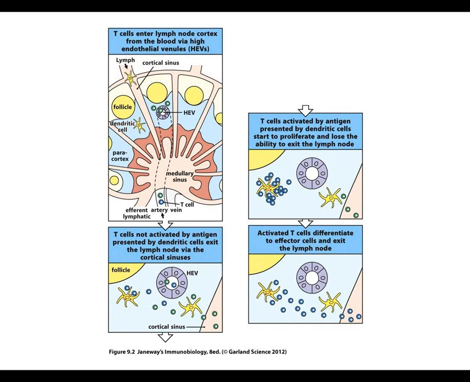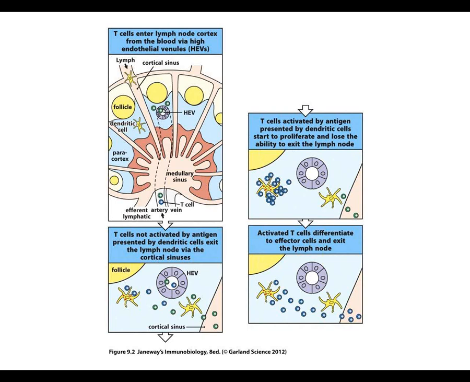Okay, so when a T cell leaves the thymus, where we stopped last week, the T cell gets back into circulation. And where it needs to get are the lymph nodes or the peripheral lymph tissue or the secondary lymphoid organs.